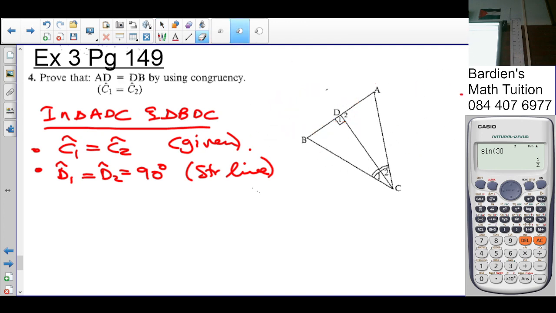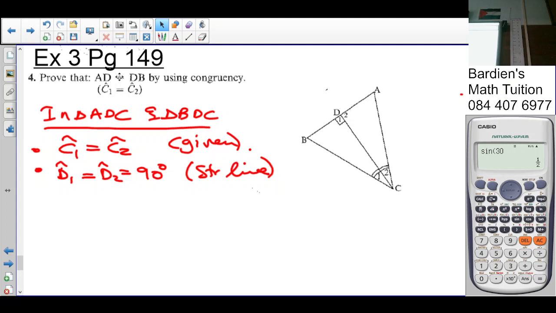Last one. We have an angle, we have another angle, so we must use a side. Angle CD.